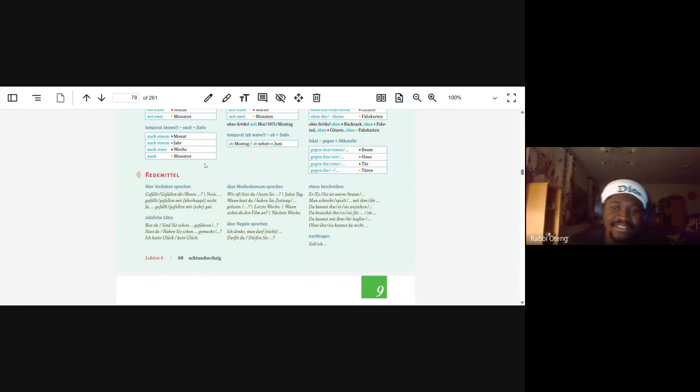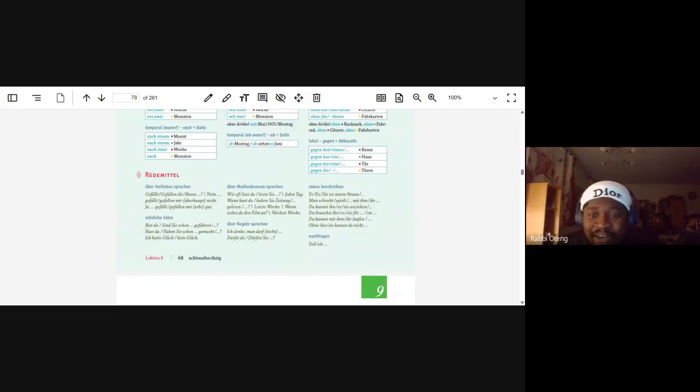Ja, so. Then we learned about plural nouns. The Tür is die Türen. Then das Fahrrad is die Fahrräder.